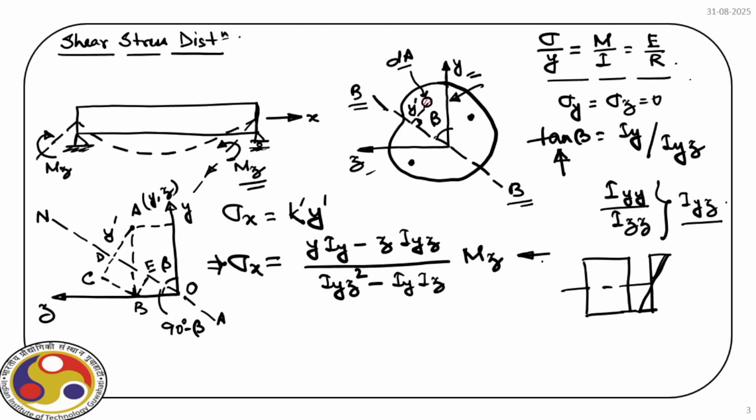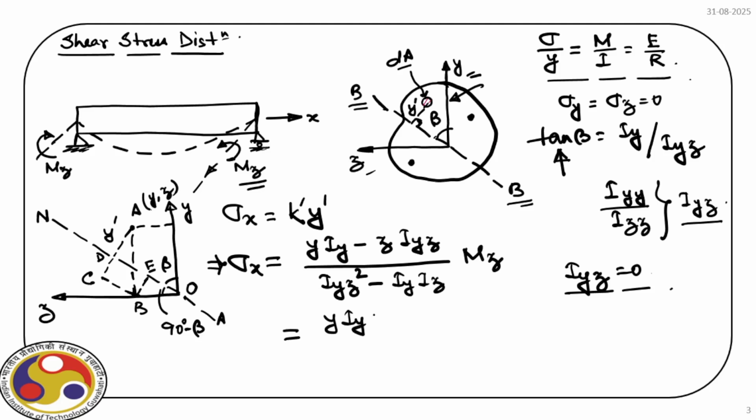Okay. Now, if we consider the special case where we have Iyz equal to 0. That means the section has at least one axis of symmetry, and if you have that, then what we get: y times Iy, the second term will be 0. So this is the special case. z times Iyz, because we have Iyz equal to 0, so the second term is not there.